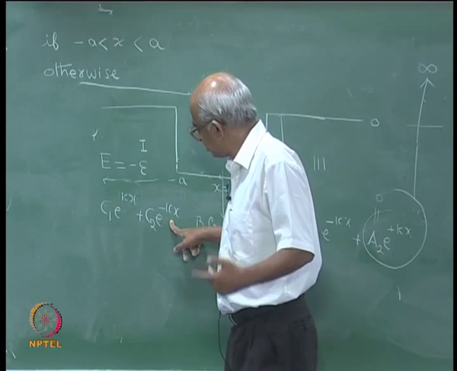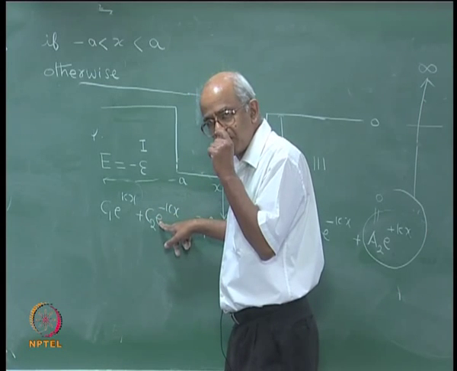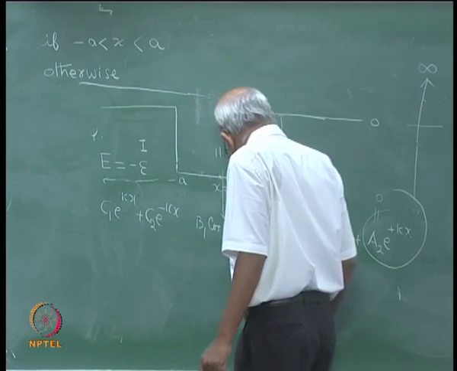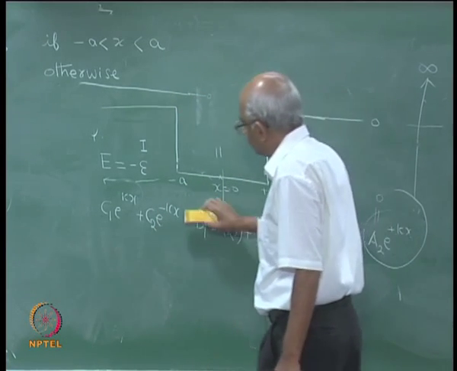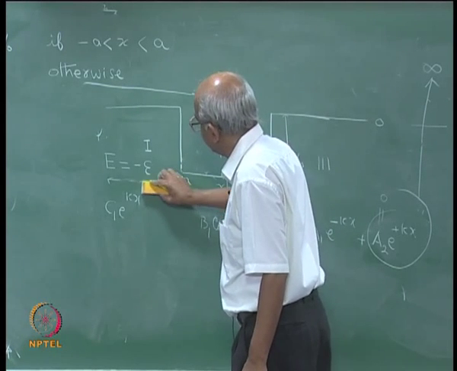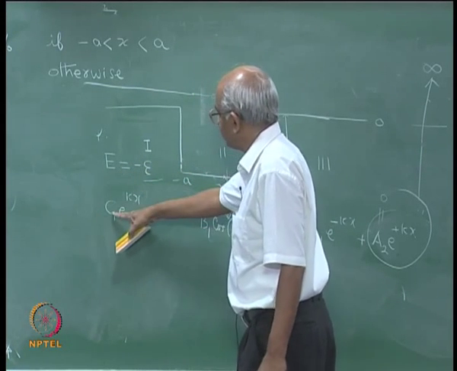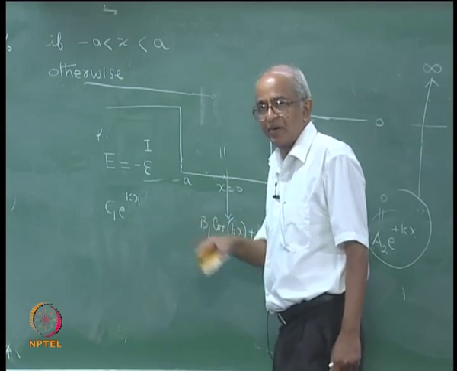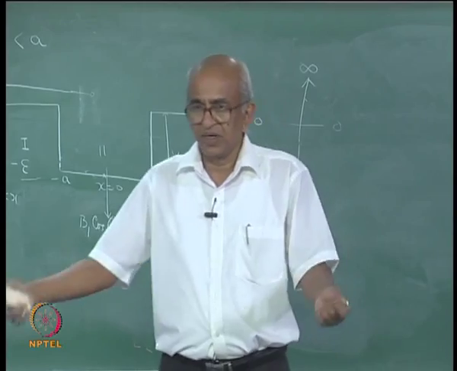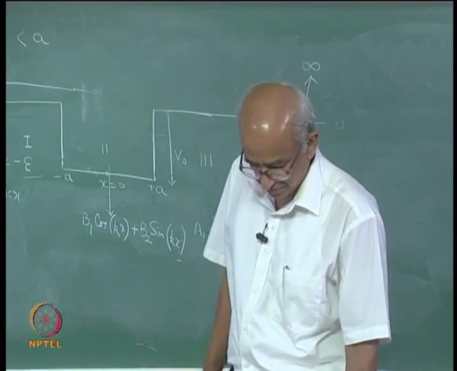It will increase to infinity, and therefore, this term is going to give me problems, and therefore, to have an acceptable solution I am forced to put c2 equal to 0. So, in this region the solution has to be simply c1 e to the power of kappa x. The other part I have to throw out.